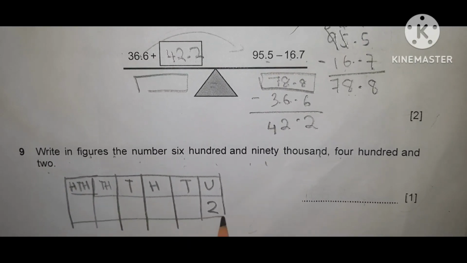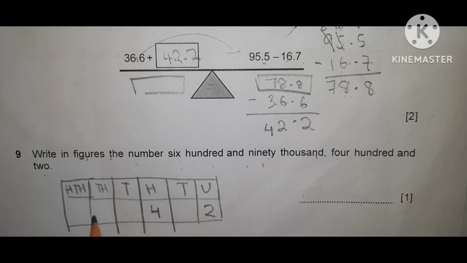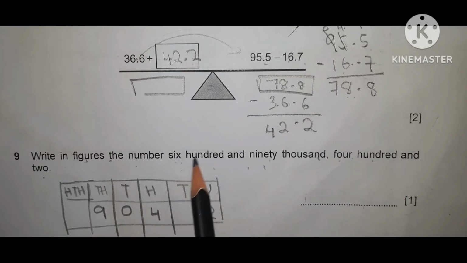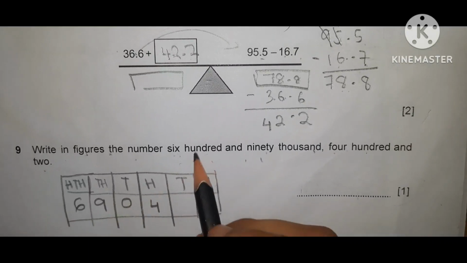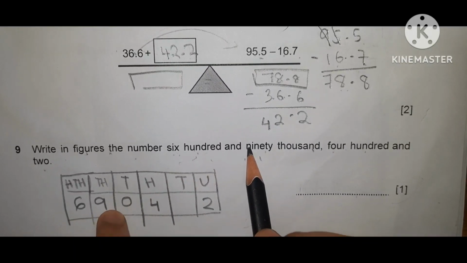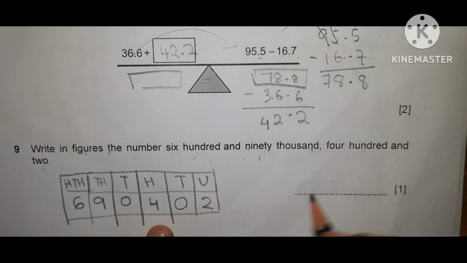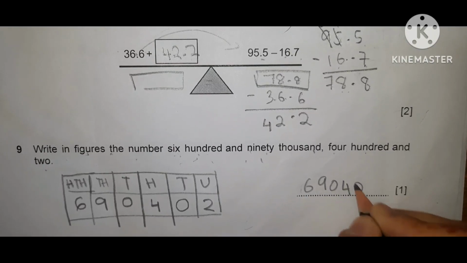So 2 will come here. 400. 90,000. 600. So it's here. 690,000. 402. So you'll just add a 0 here. So you write 690,402.